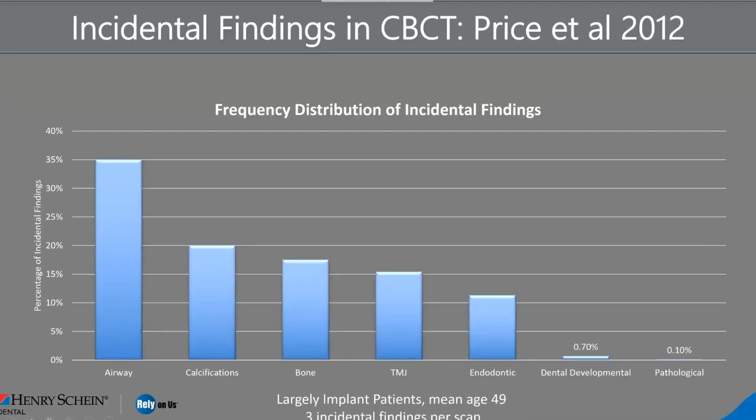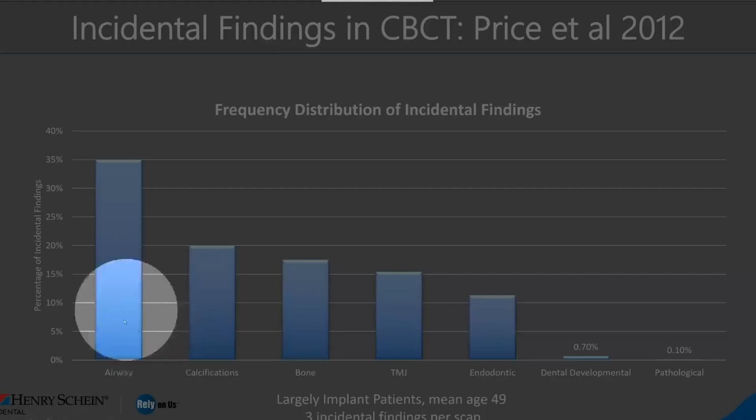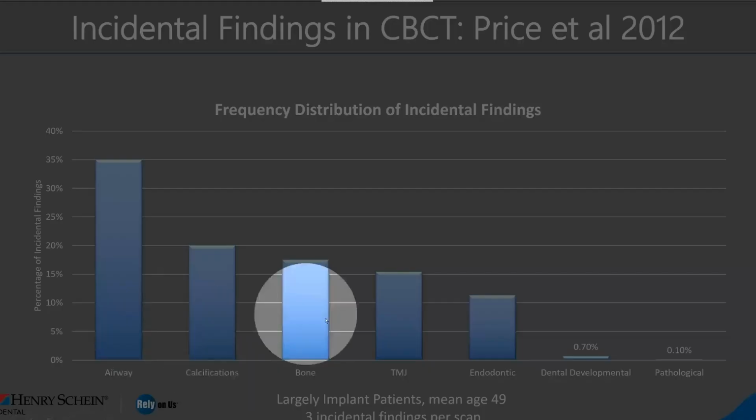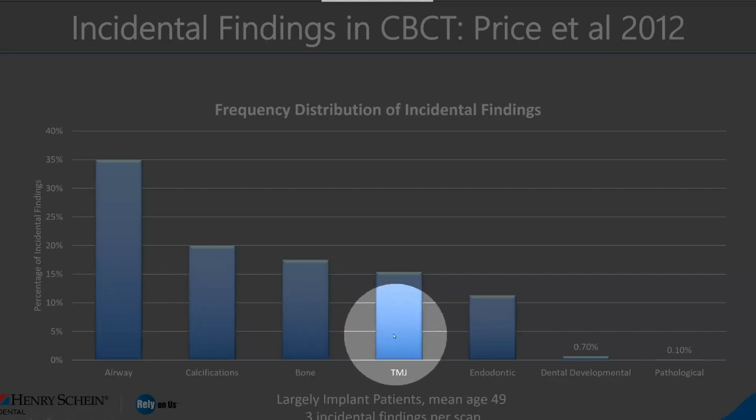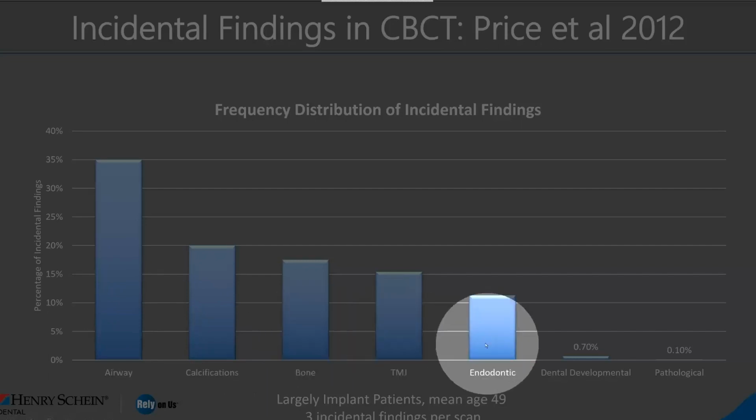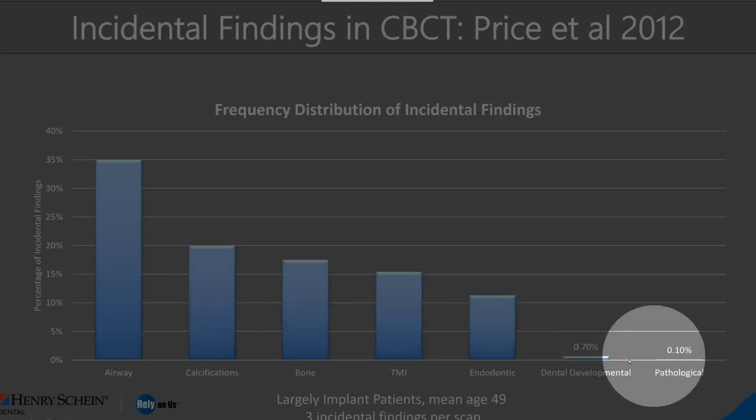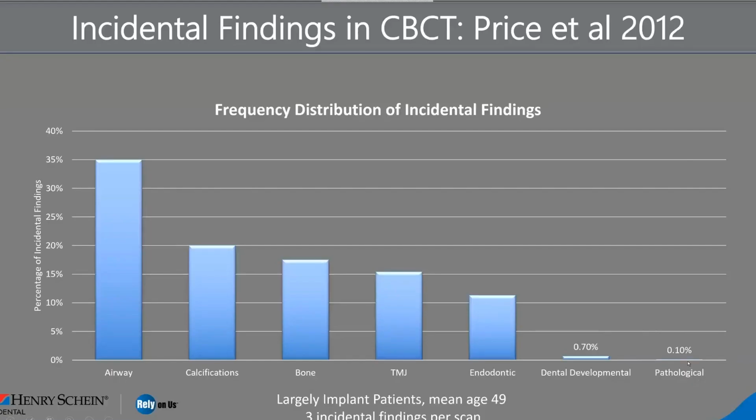Next, in 2012, Price did a survey, and these were mainly older patients, so implant patients. In the older population, they found about 3 incidental findings per scan. Again, airway being the largest. Next, calcification, something in the bone, something with the temporomandibular joints, endo, developmental, and about 0.1% was pathological.